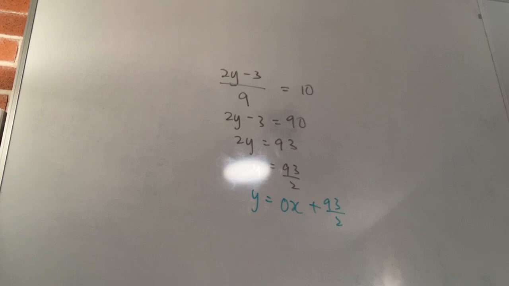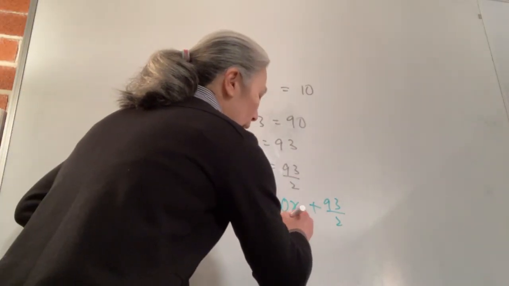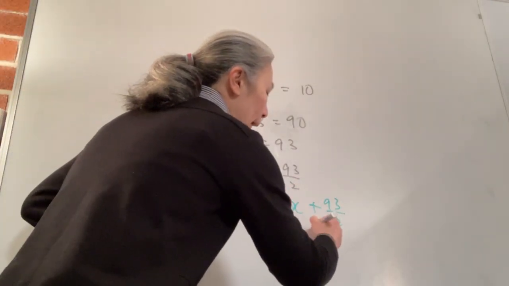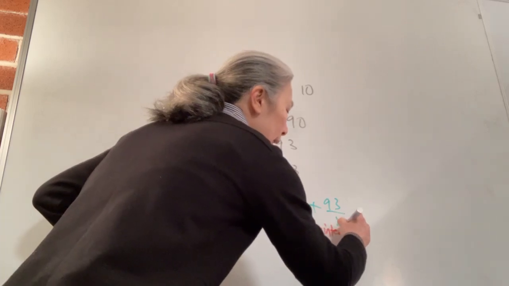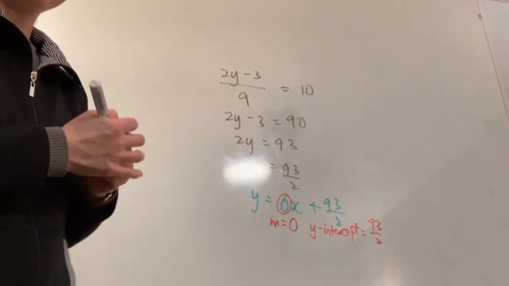So you have y equal to, yeah, leave it as 93 on 2. Okay, so that means your gradient is equal to 0, and the y-intercept is 93 on 2. Yep.